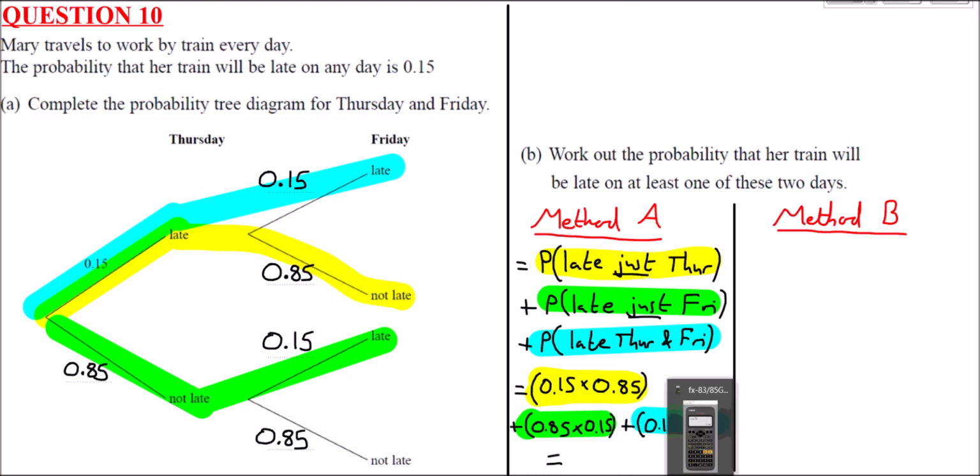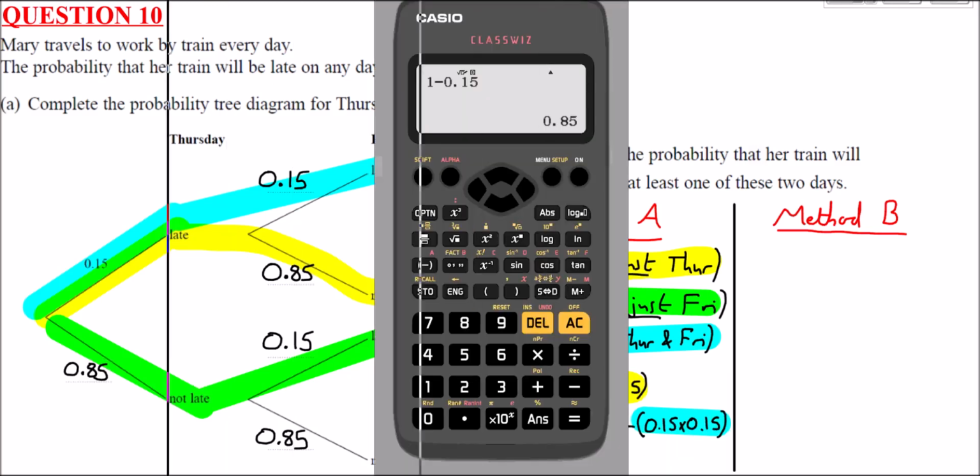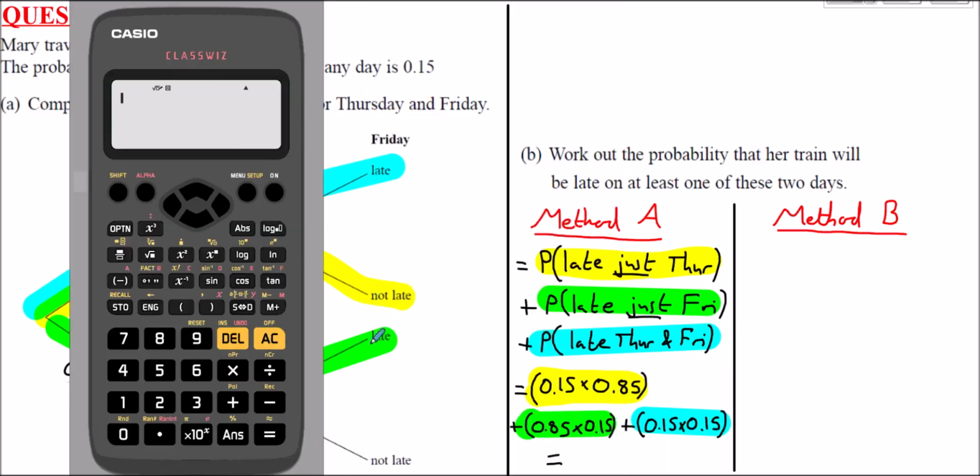So, bit of a long-winded calculation, but we'll get there eventually. So, 0.15 times 0.85. You can include brackets if you like to, or not. I'll just put brackets in to see how it separates out into 3 separate calculations. But brackets aren't needed, strictly speaking.